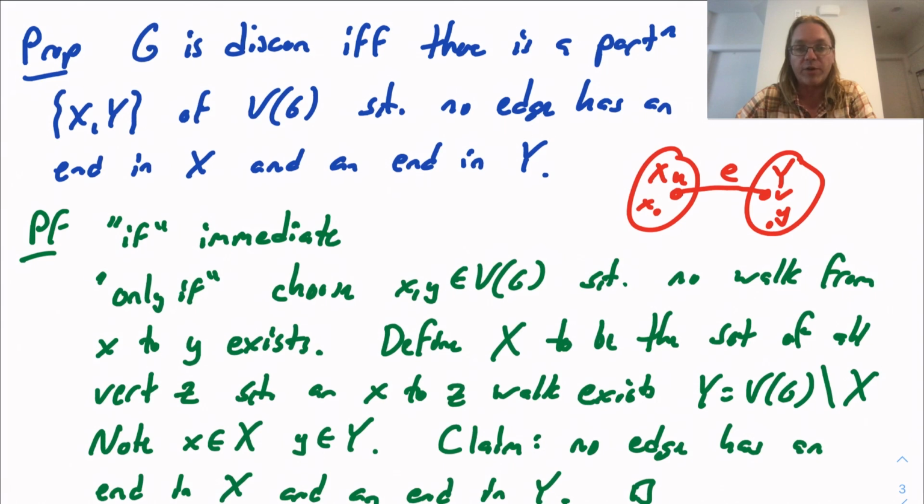Y is the set of all vertices that cannot be reached starting a walk from x. So that's a contradiction. That means there are no edges between X and Y. And what that means is that we've found the desired partition, and that is indeed completing the proof. Okay, so I'll stop this lesson there.